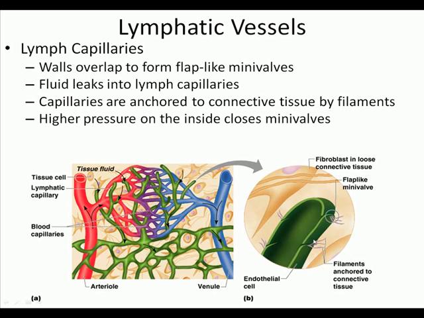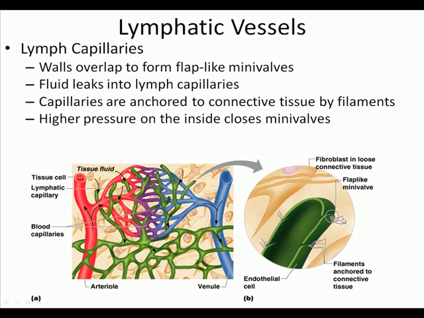Lymph capillaries are a little different in structure than the regular arteries, arterioles, venules, and capillaries in a capillary bed, in that the walls of the cells of a lymph capillary overlap to form little flap-like valve structures. Those valve structures are tied by little filaments to the surrounding area.